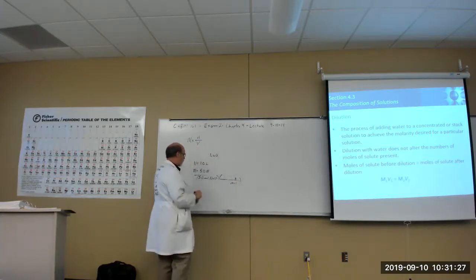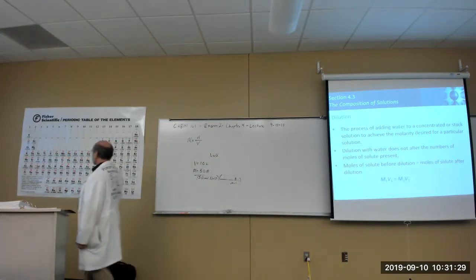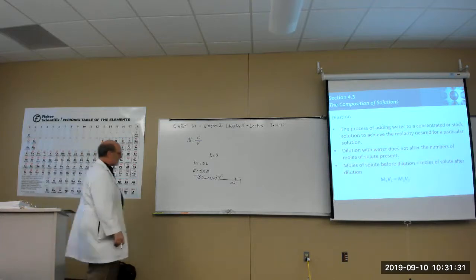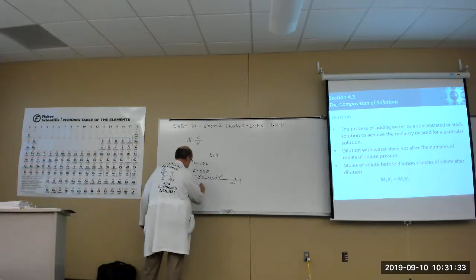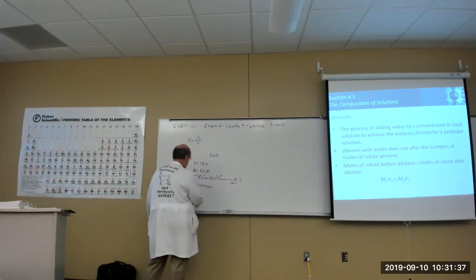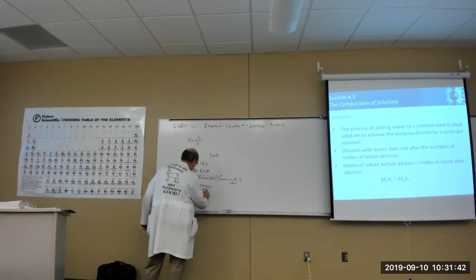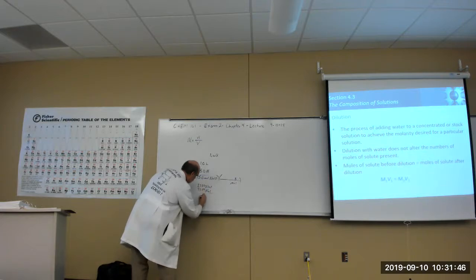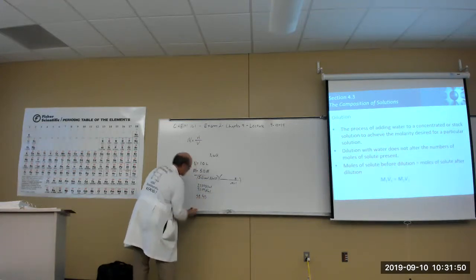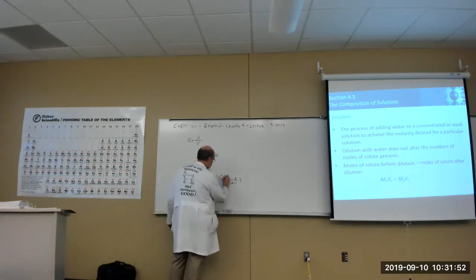Okay, sodium chloride would be the summation of 23 for sodium grams per mole, and chloride is 35.45 grams per mole. So sodium chloride is 58.45 grams per mole.